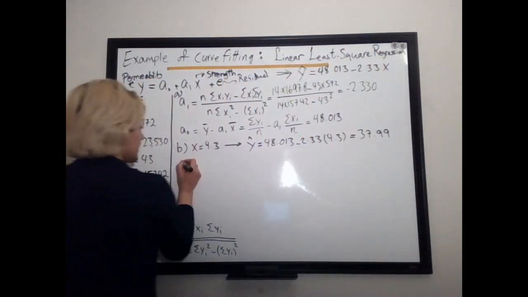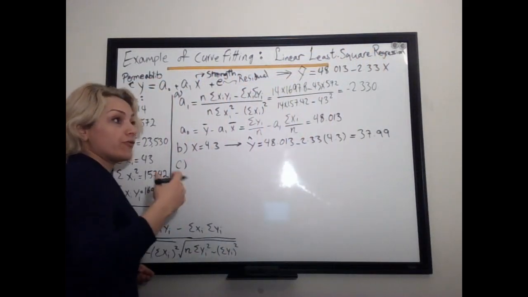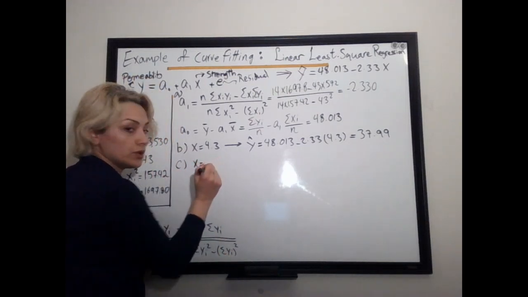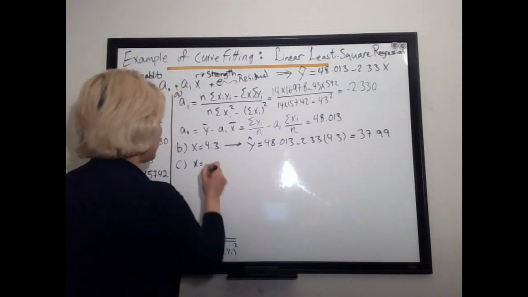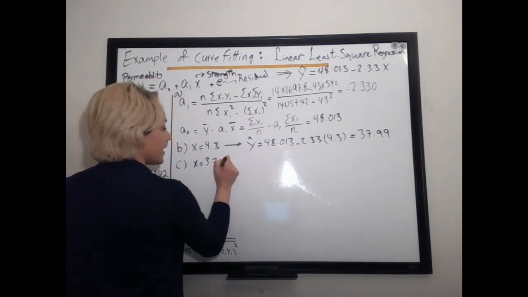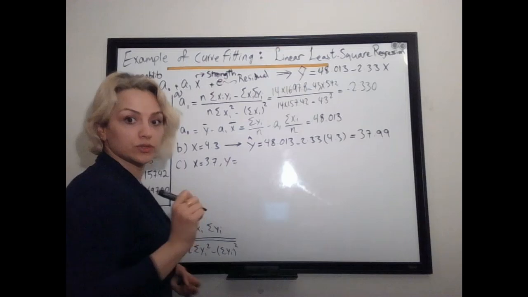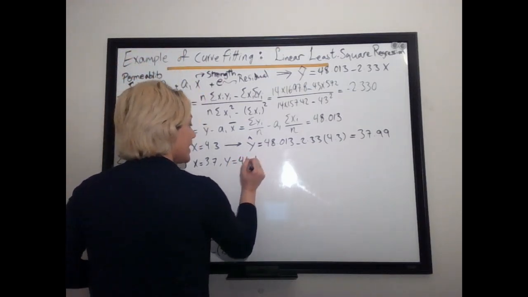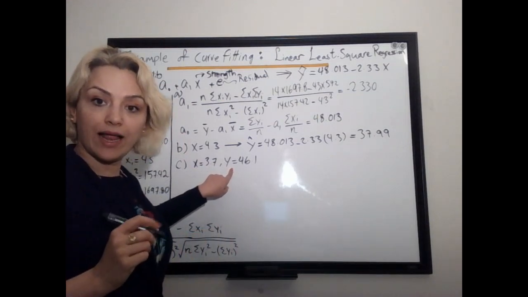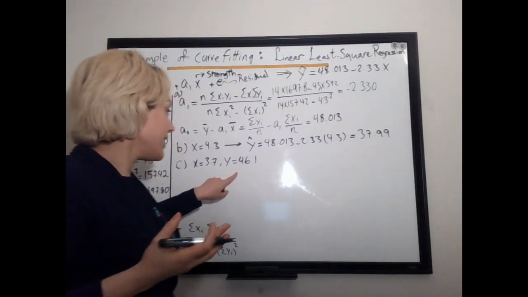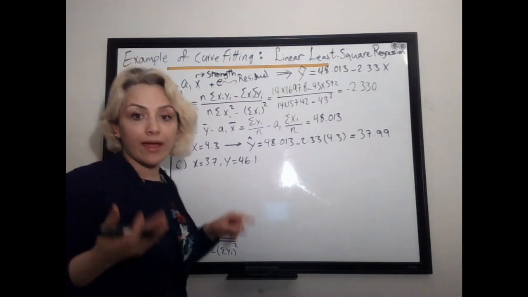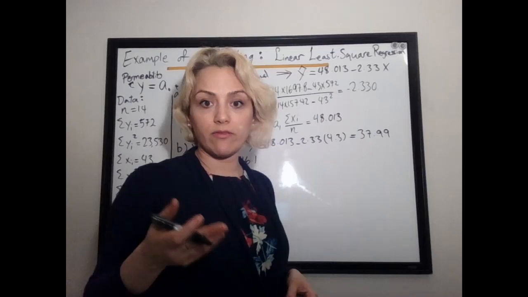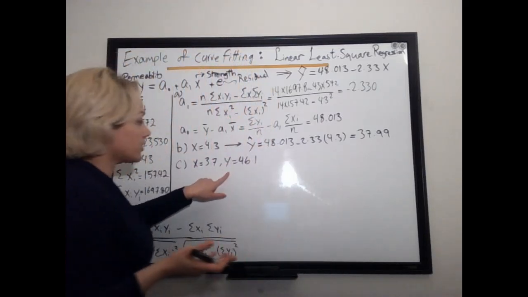So from our observation, when our x is equal to 3.7, our y is equal to 46.1. So this is not the predicted value. This is just our observation, right? So with this observation, as we continue reading, we calculate the value of the corresponding residual. So we are looking for the residual.